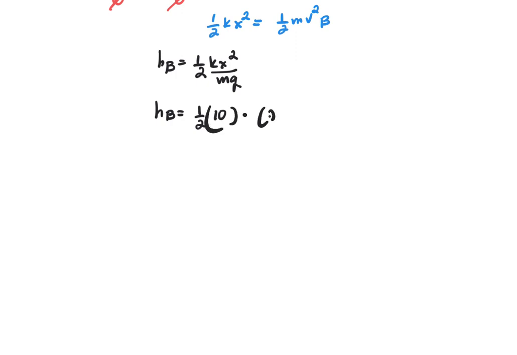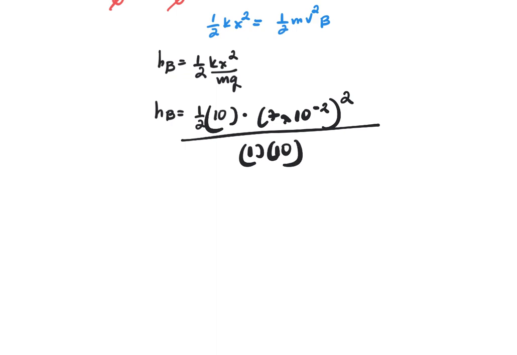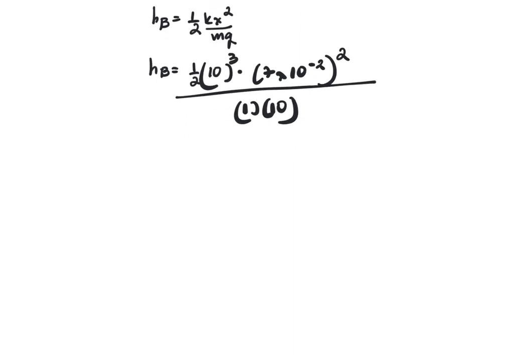Times, I don't know what it is, 7 times 10 to the negative 2 squared, over 110. And our k is also 10 to the third power, I forgot to put that. Equals 1 half.